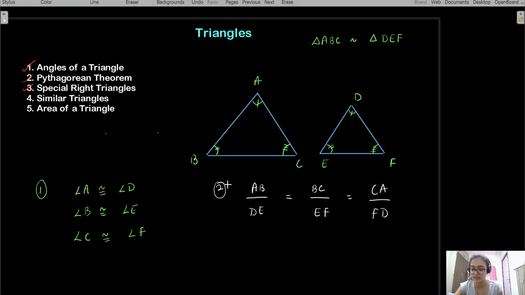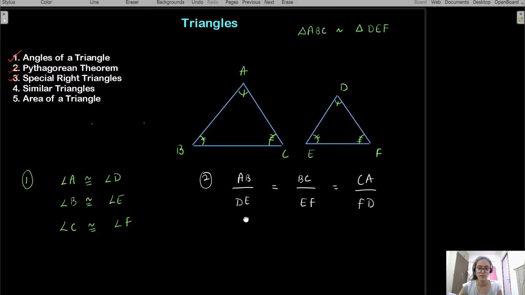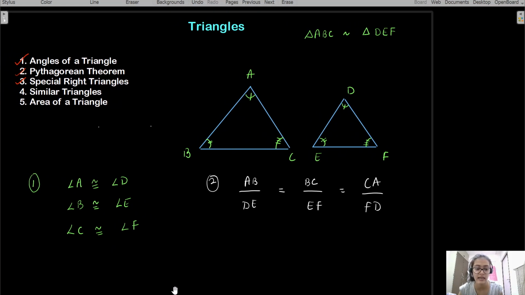The third concept is the triangle proportionality theorem. This one says that if you have a triangle ABC and there is a line like this, and let's say this line is parallel to the base, so it is parallel to BC. Let's say this line is XY and XY is parallel to BC.